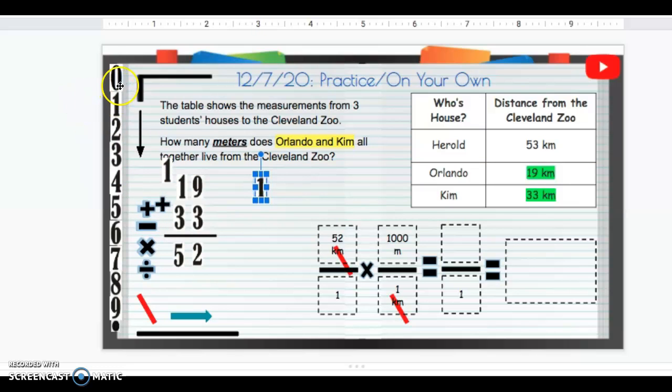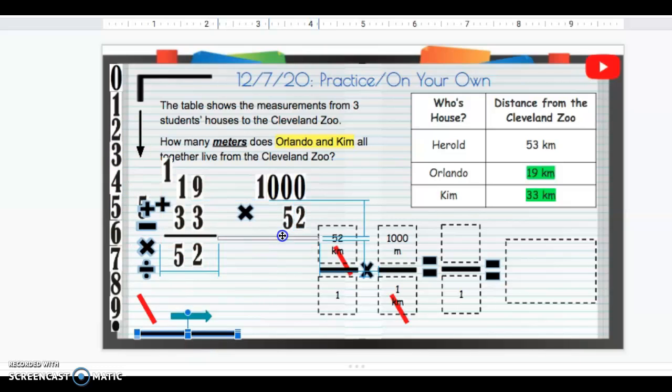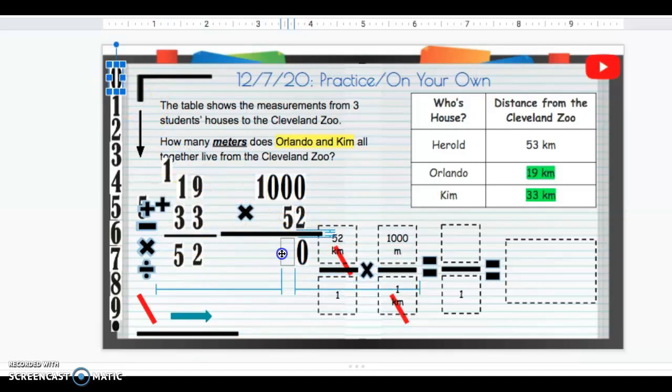1,000 times 52. So you would do 2 times 0, 0. 2 times 0, 0. 2 times 0, 0. 2 times 1, 2.